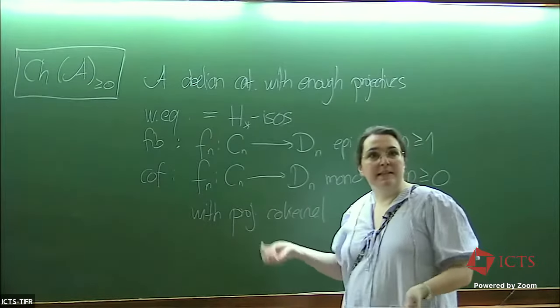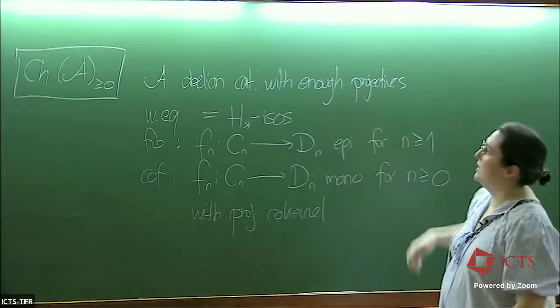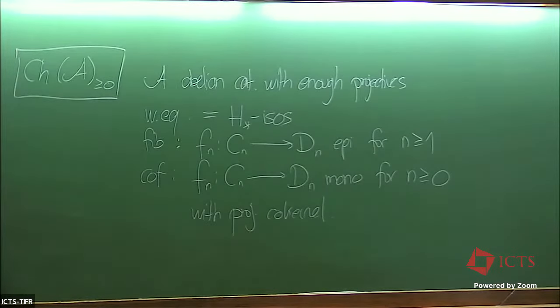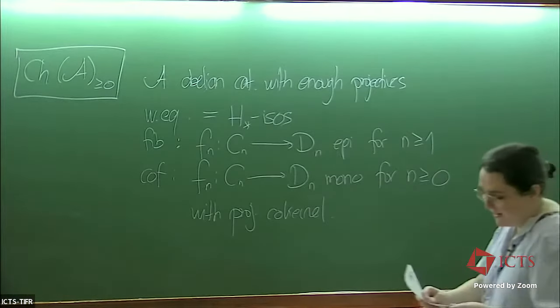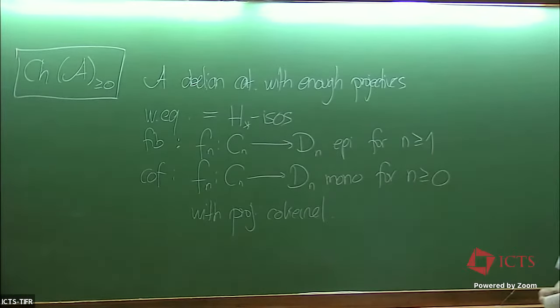You can also make an injective model structure if your abelian category has enough injectives. So just to mention that as an example of the fact that usually on a category you can put lots and lots of different model structures, depending on what kind of things you would like to consider equivalent eventually.